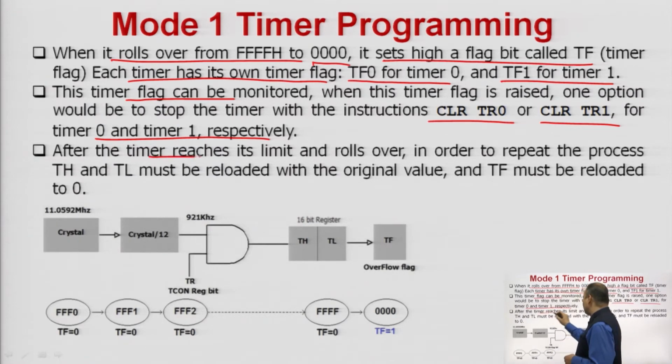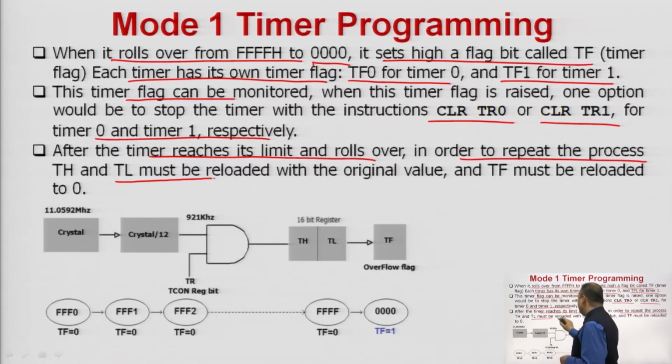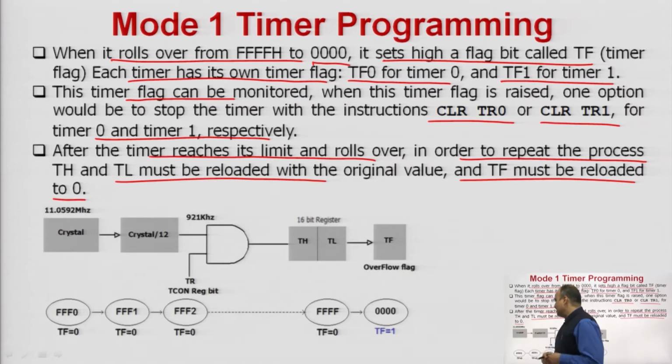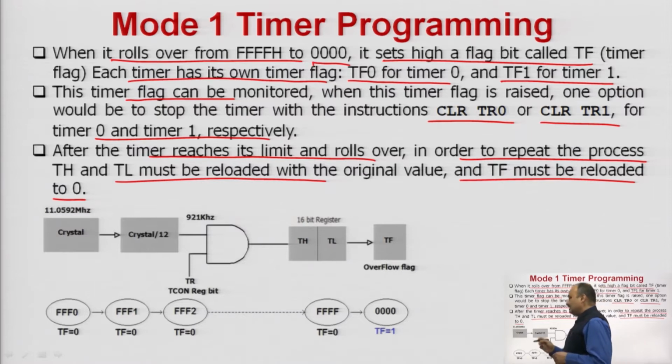After the timer reaches its limit and rolls over, in order to repeat the process, TH and TL must be reloaded with the original value and TF must be cleared to 0. This way we can reload the value in the timer.